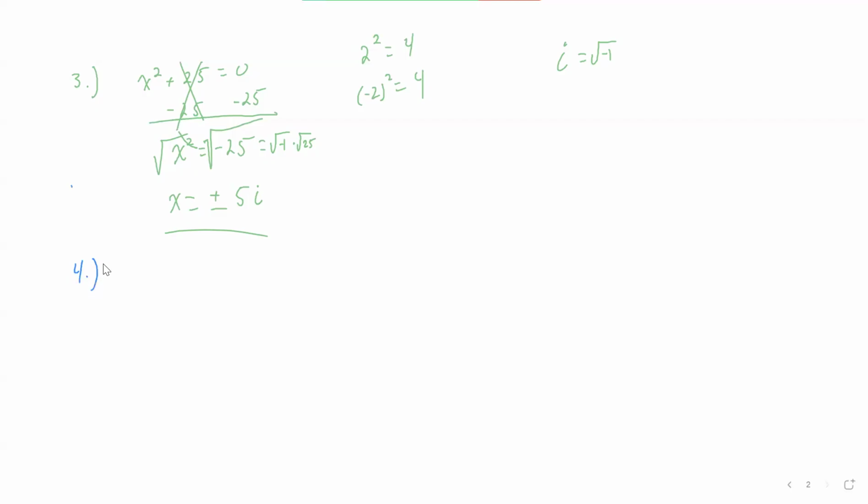Number 4, we have x plus 6 squared equals 12. Now, go ahead. You'd think about folding it out.